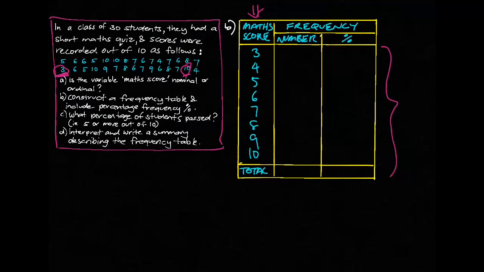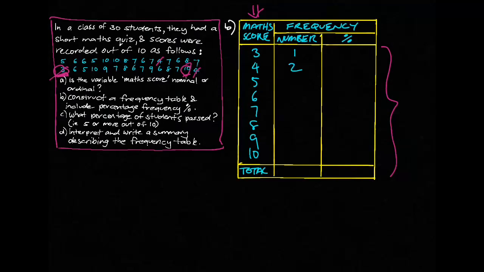So now we go through and work out for each of these scores how many there are. So going through the rows of numbers, there's 3 there. There's only 1 3. So we go ahead and put a 1 in that column. Okay, let's look at 4s. So there is 1 4, 2 4s. So we put a 2 there next to the 4.